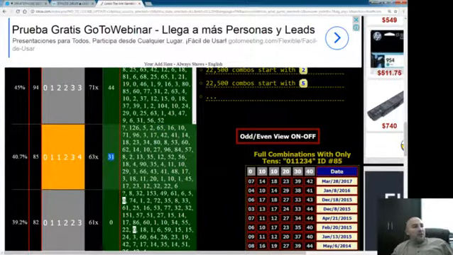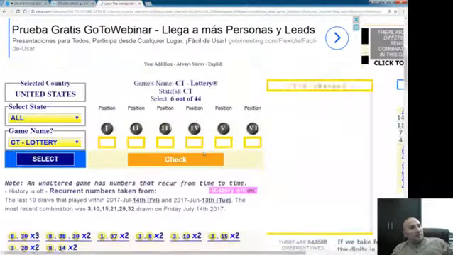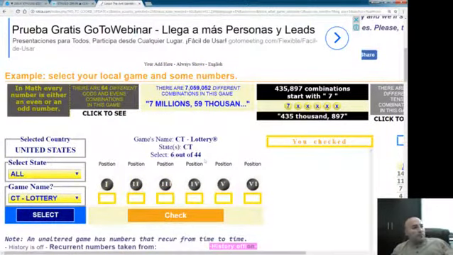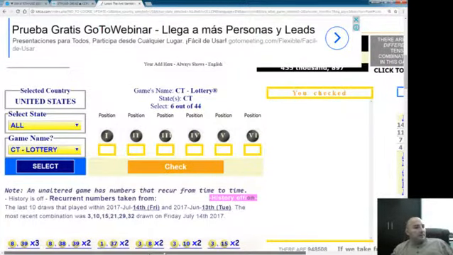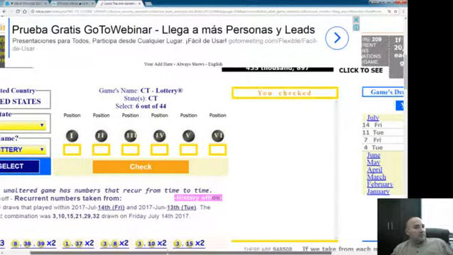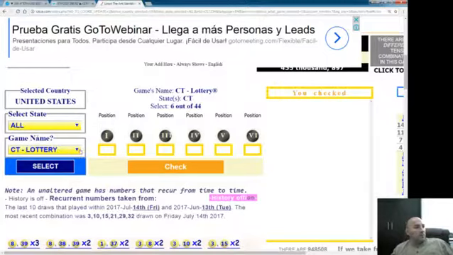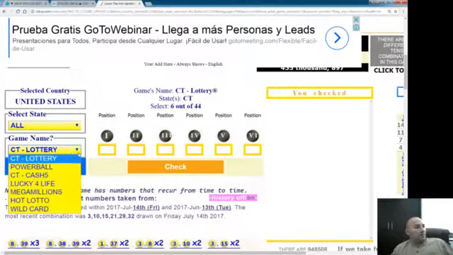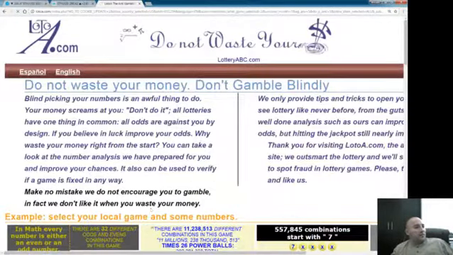For example, now it's not working because it needs an update, but it should be 31 games since last time into the current date. So that's what this is. This is the Connecticut Lottery, and I wonder why it stopped updating. When I go back home, I will fix it. Let's see if the Powerball is updating or not.